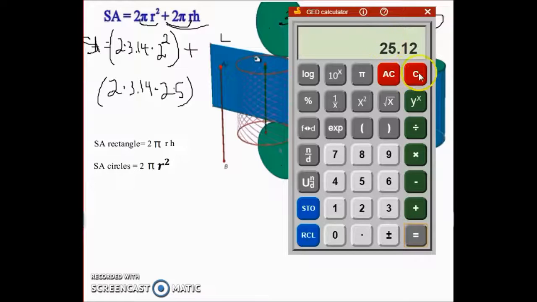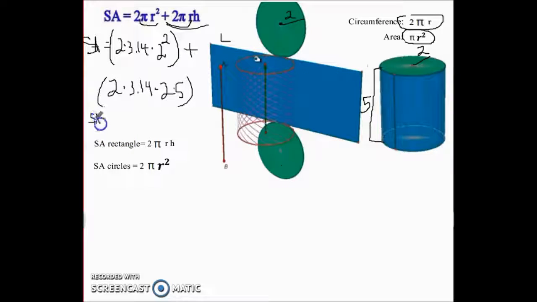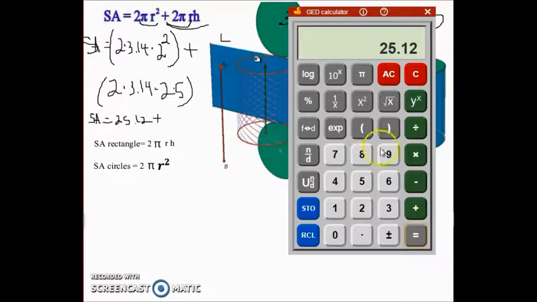Let's do that on our calculator. 2 times 3.14 times the radius squared is 25.12. So the surface area equals 25.12 plus whatever these numbers are multiplied together, which is 2 times 3.14 times 2 times 5.